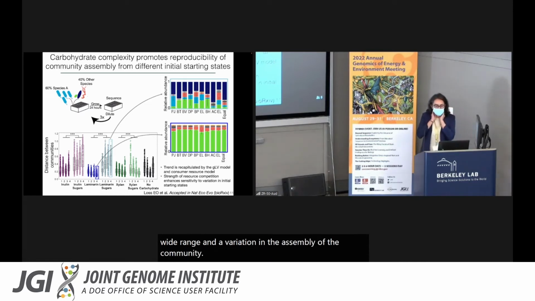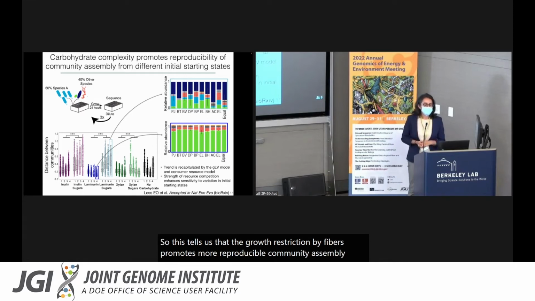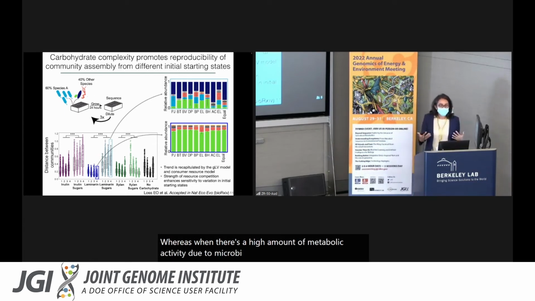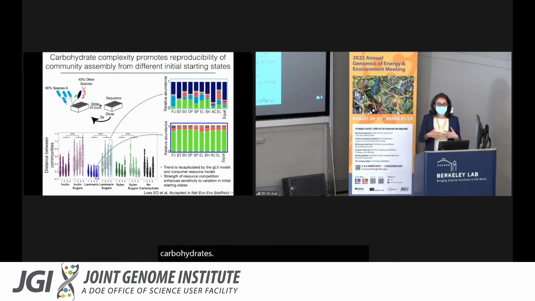So this tells us that the growth restriction by fibers promotes more reproducible community assembly, whereas when there's a high amount of metabolic activity due to microbial metabolism in less complex carbohydrates or higher concentrations of carbohydrates, then we see a wide variation in the community dynamics.